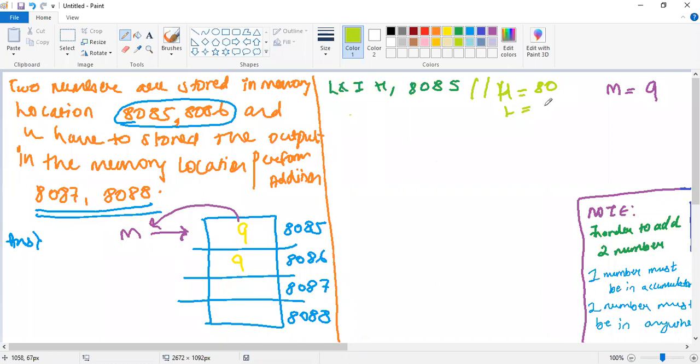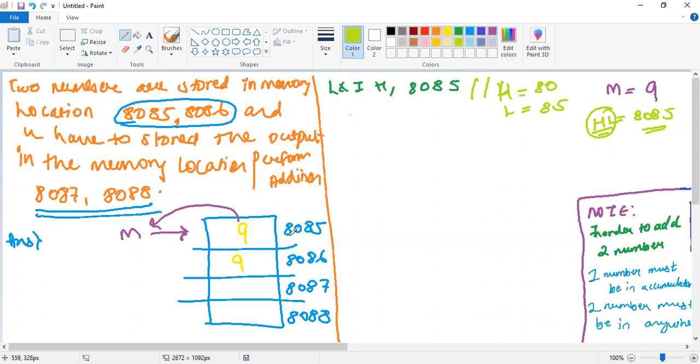In your L the content will be 85. So if I combine these two, then it becomes 8085. Whatever value is in HL, the M will point to that location. For example, my HL value is 8085, so my M will point to location 8085. M means what? My memory. That is why 9 came into M, because that value 9 is available at this location.